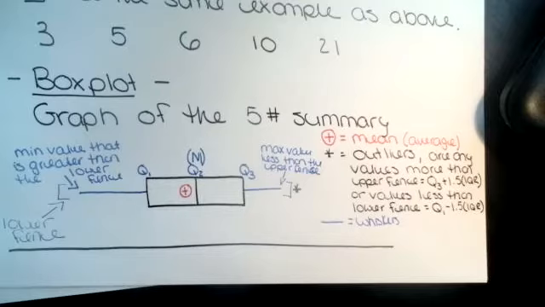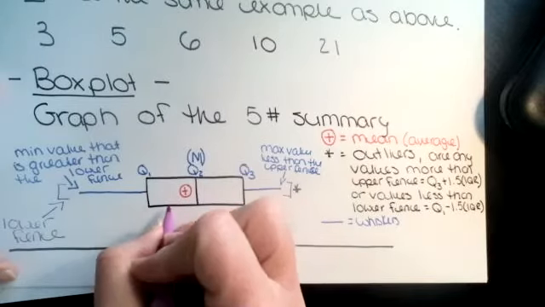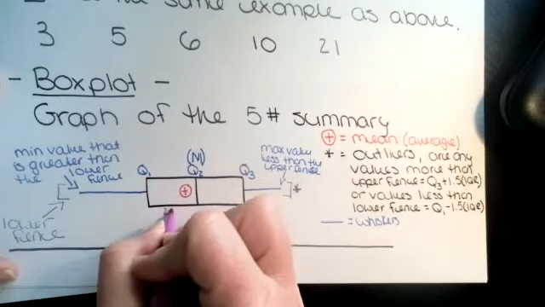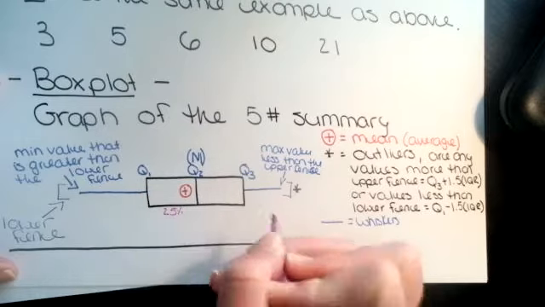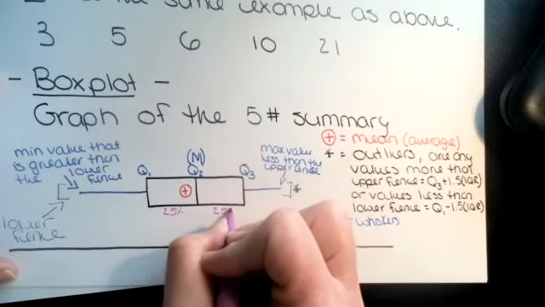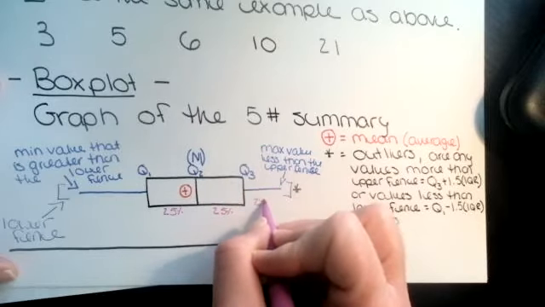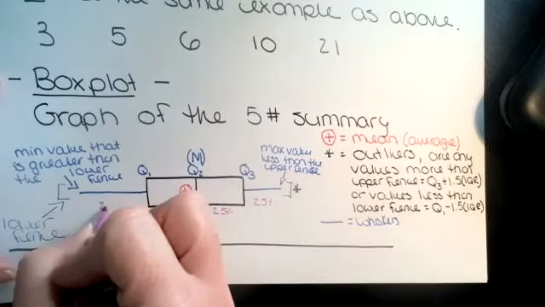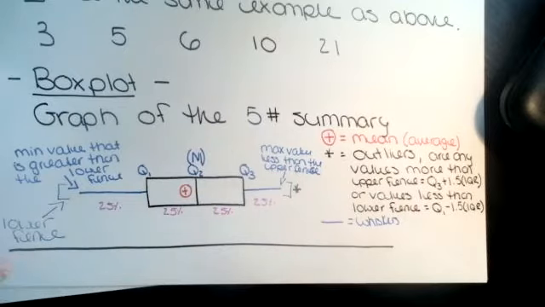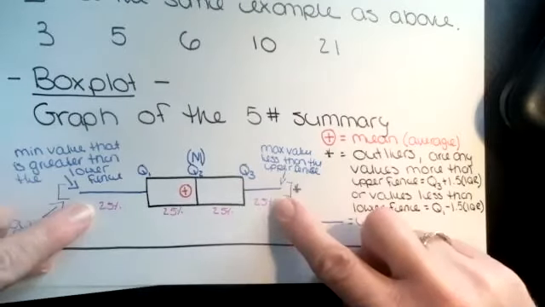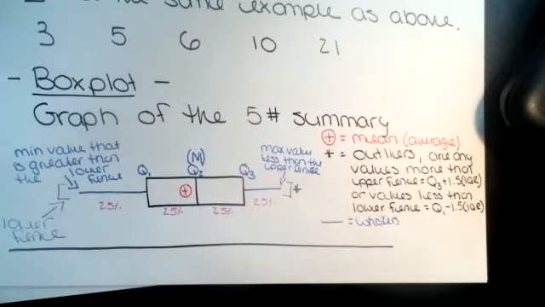So I want to make a note of that. I also want to note that just like before, 25% of my data is here, 25% is here, 25% is right here, and 25% is over here. So you can see the breakdown of your entire data set, 100% of the values, and where it all breaks down.